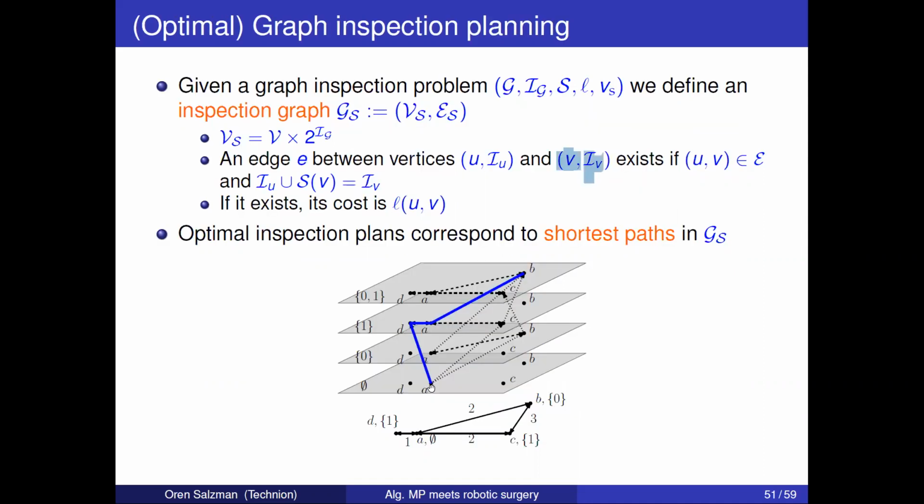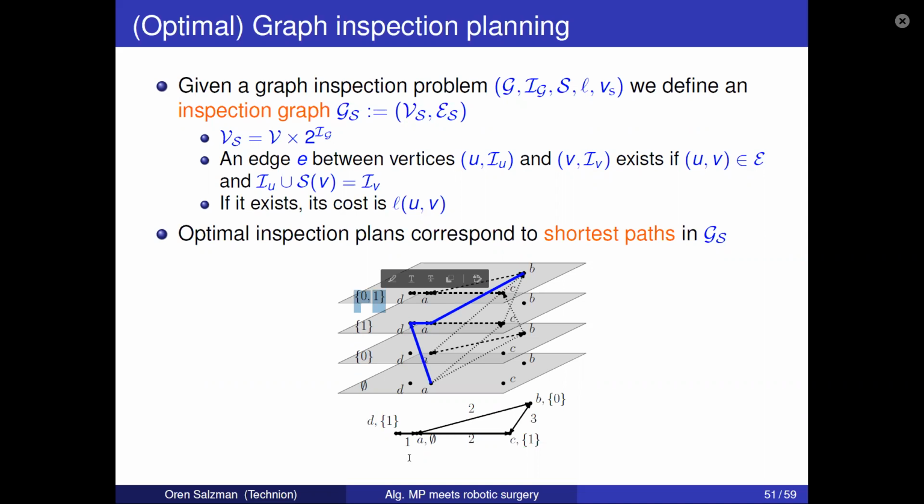If we look at the path that we saw going from A to D, back to A and to B, we have all vertices in the original graph. Each one is associated with the subsets of points of interest. So the empty set, 0, 1, and 0, 1.